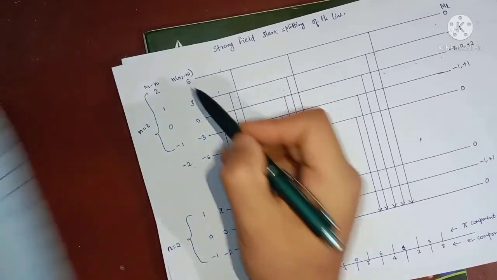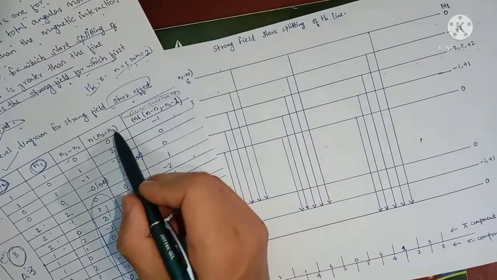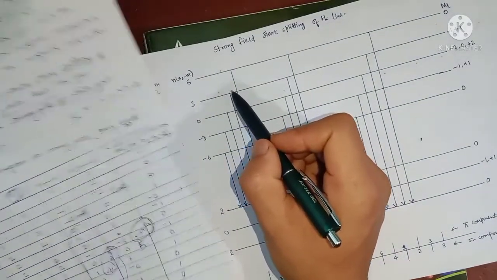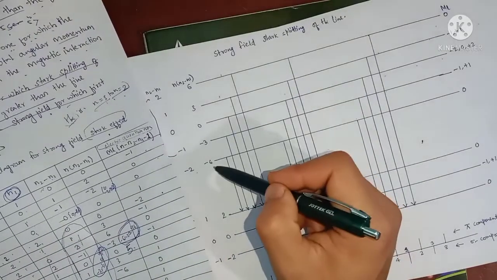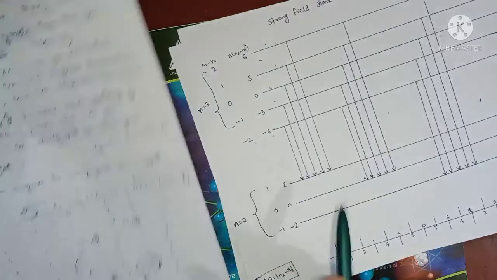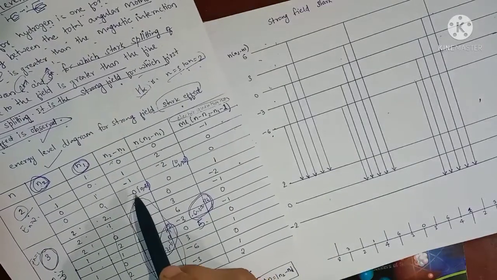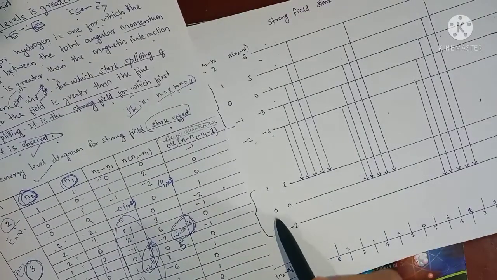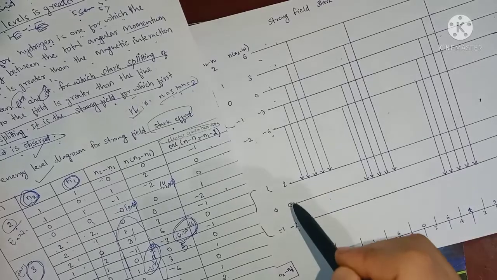So n2 minus n1 for n equals 3 also gives 5 transition lines, while n equals 2 gives 3 transition lines, that means 0, minus 1, 1 and minus 2, 0, 2.